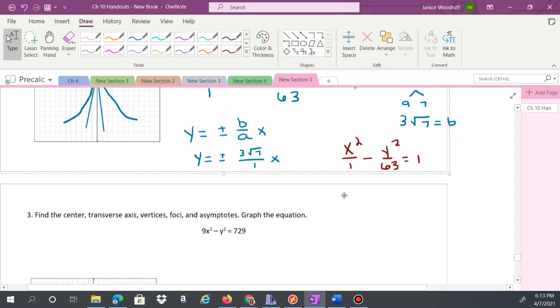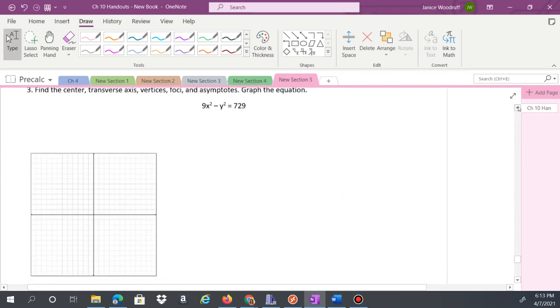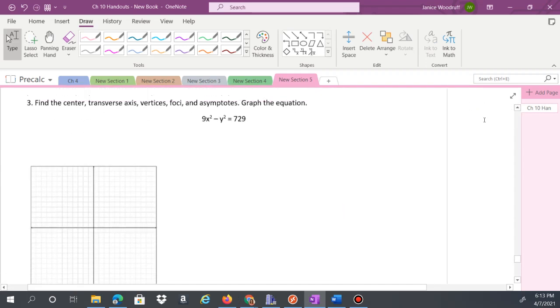Okay, next one. Find the center, the transverse axis, vertices, foci, and asymptotes, and graph. All right, lots of stuff here. So we want to set this equal to 1, so let's divide everything by 729. How many times does 9 go into 729?